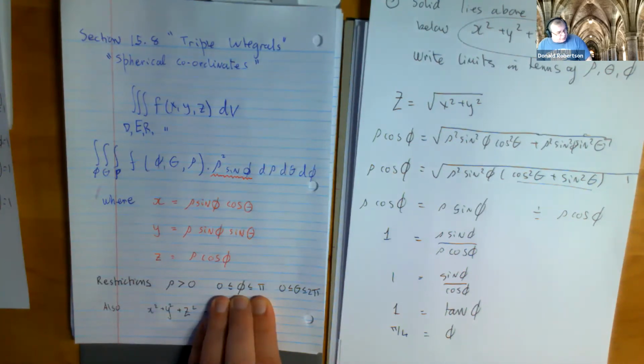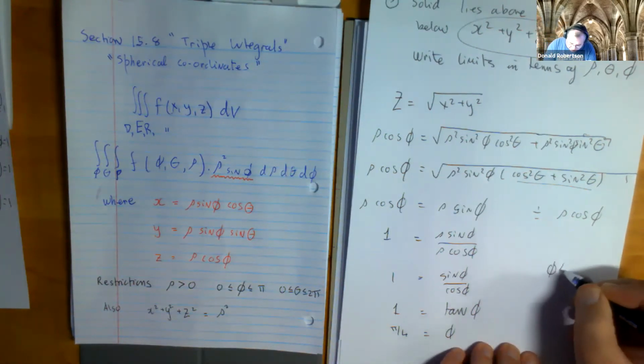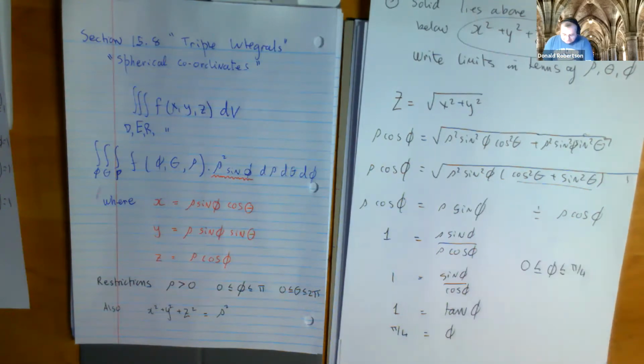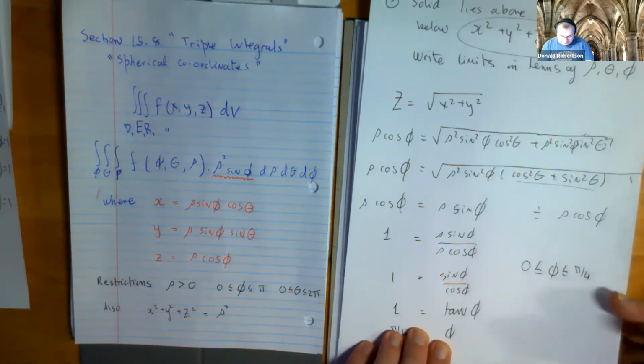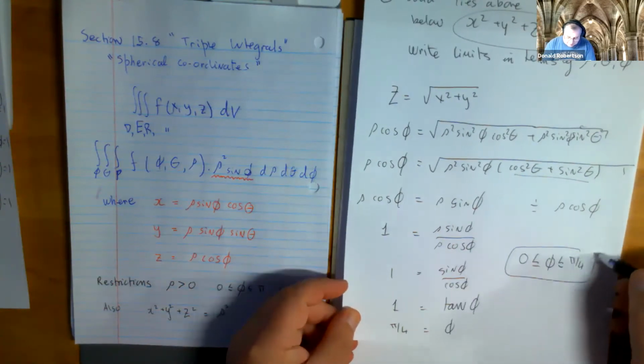And isn't this the first quadrant answer? So boom. That means that I can now put a limit on what phi can be. Are we happy about how I got that fella?